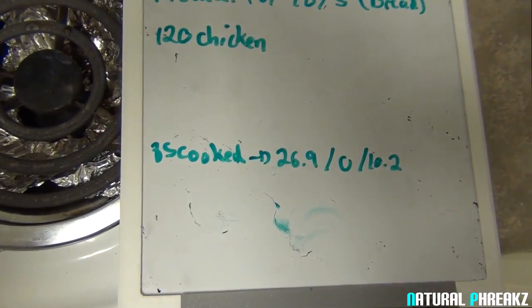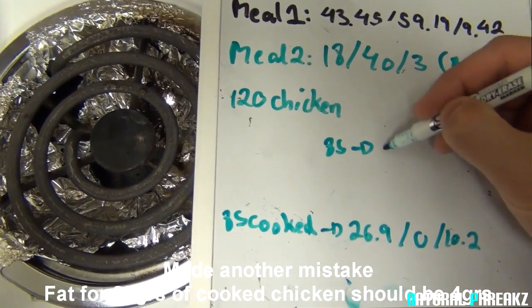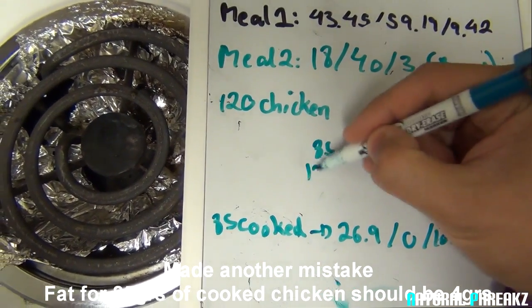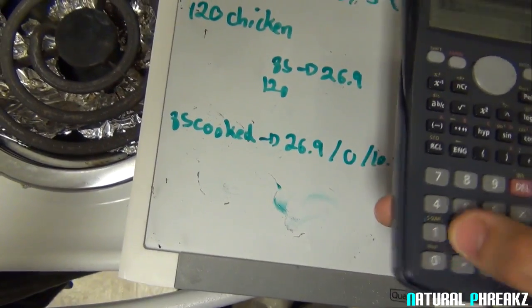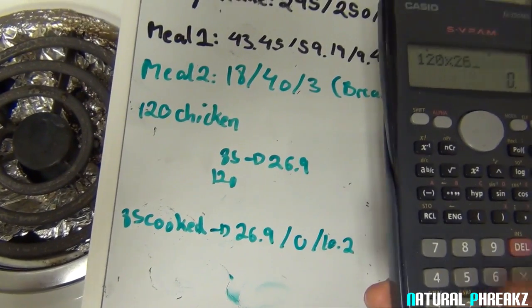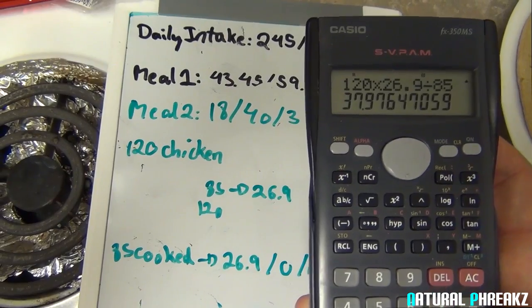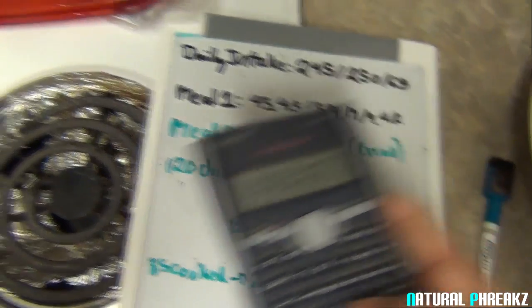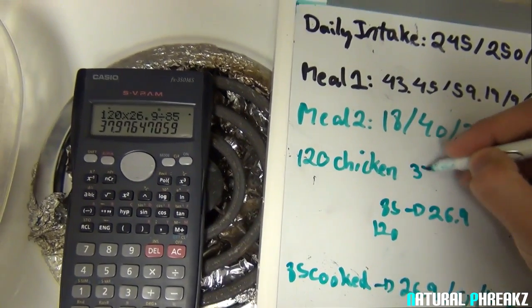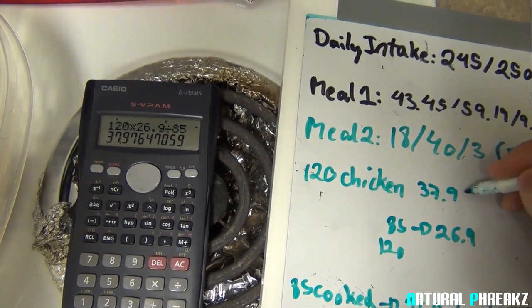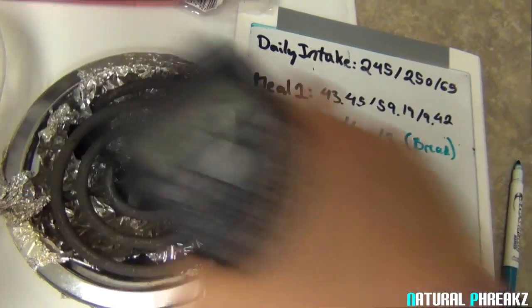Remember what I explained before: if 85 is 26.9, how much is in 120? So I grab my calculator. 120 times 26.9 divided by 85. So I'm eating 37.98. Remember, you have to try to be as precise as possible, because if you round this, then at the end of the day you're not gonna be that accurate with your macros.